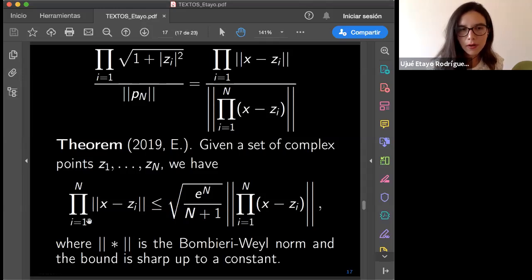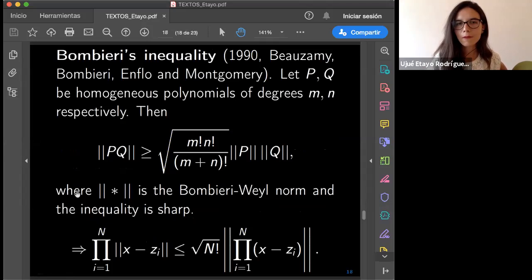The product of the norms of the monomials is bounded by this term times the norm of the product of the monomials, and this term grows exponentially. This kind of inequality is maybe familiar to some of you because it's related to a very famous inequality in number theory, namely Bombieri's inequality.